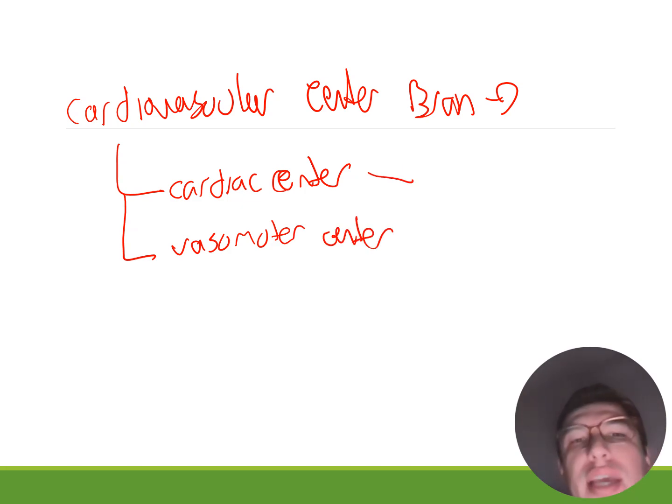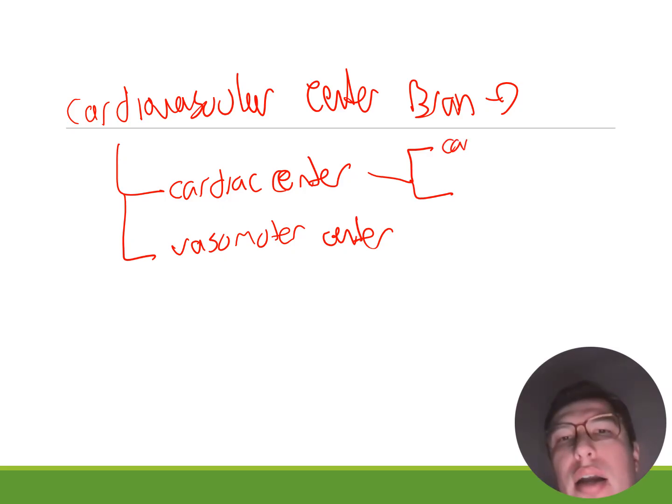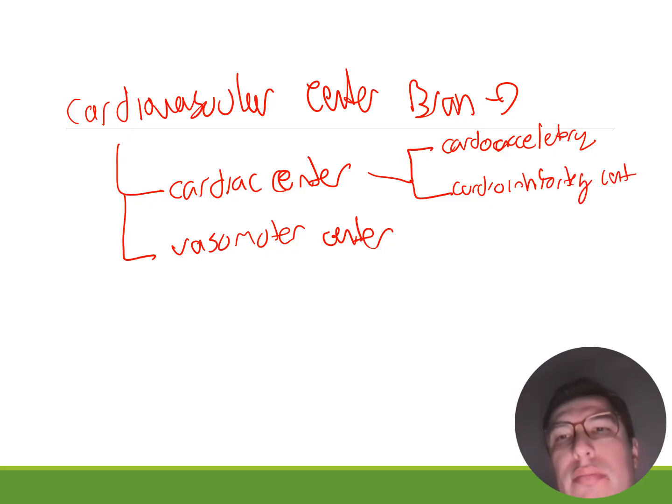When you think of the cardiac center, you can divide it into two sections, and that is the cardio-acceleratory or the cardio-inhibitory center. It is within the cardiac center that we are adjusting the force of contraction of the ventricle.